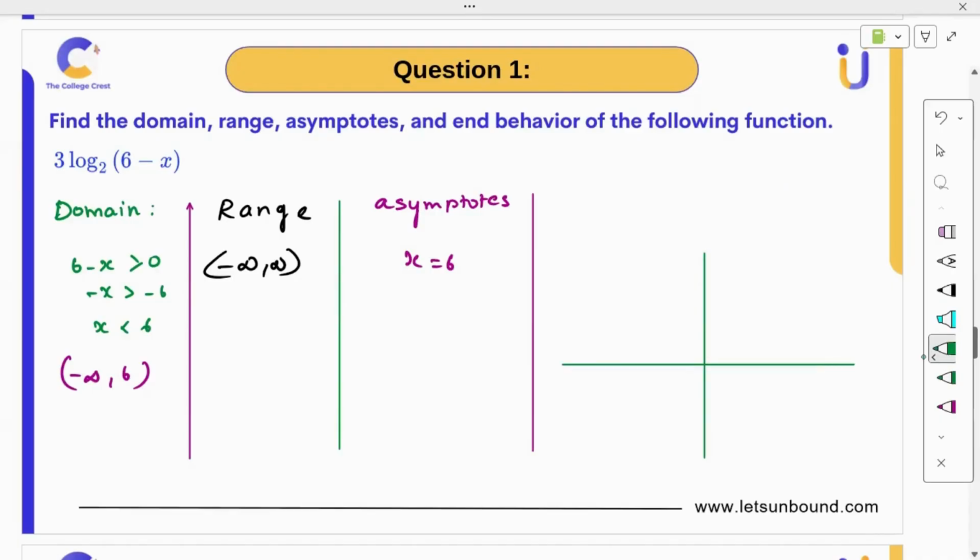I know it says x is less than 6. So this is your 6, and your graph will be somewhere in this part. Now let's see 3 log base 2 of 6 minus x. When you give 0, it's 6.